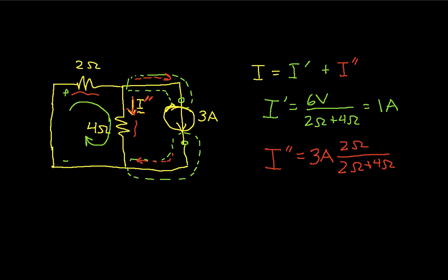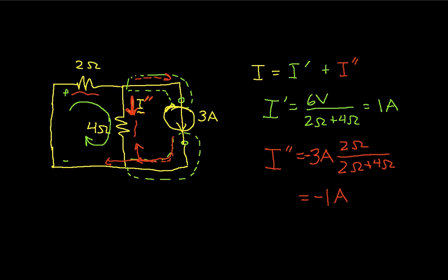And I have to put a negative sign in front of this because I've drawn the current flowing down, but it's clear from the direction the source is pointing that the current's actually going to flow like this. So I can solve this, and I get minus 1 amp.